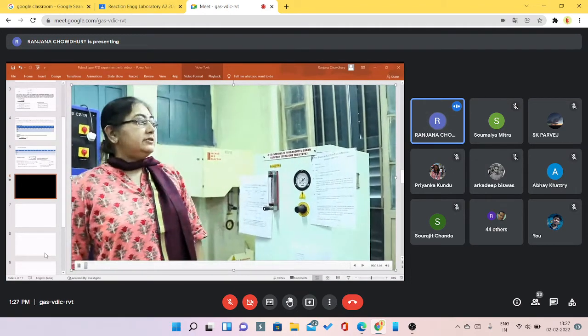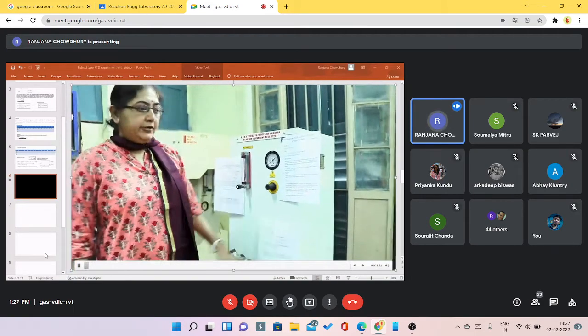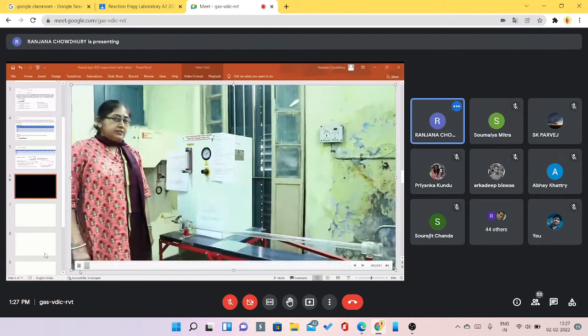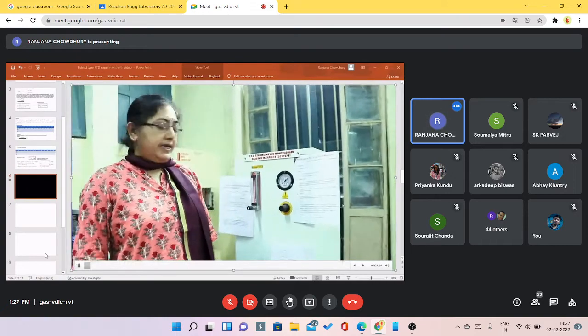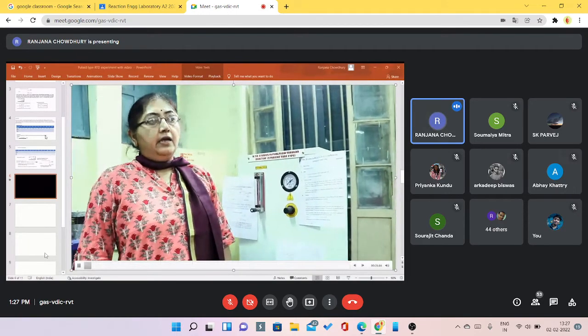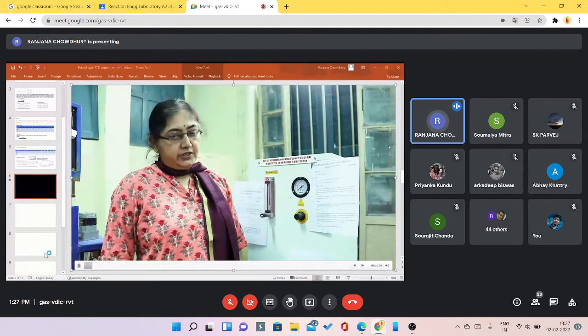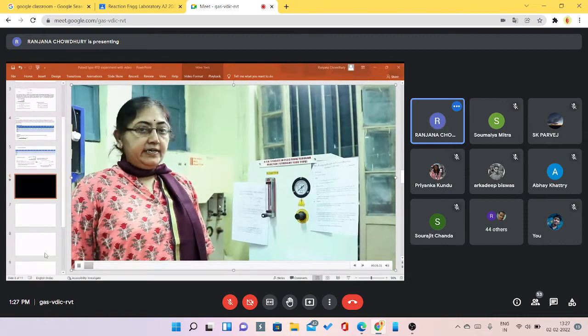Tubular reactor. Now here, a straight tubular reactor is used. The thing is, why is the RTD study actually required? The reason behind this is that the reactors we operate are not ideal in nature. So real reactors have some non-ideality in them.